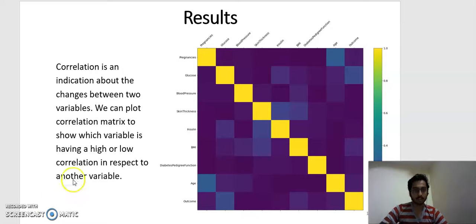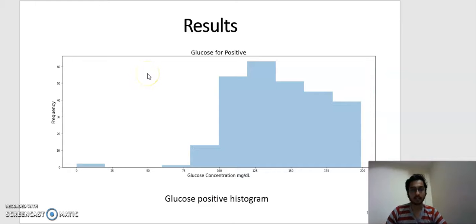Looking into the results, this is called as correlation matrix. It represents the correlation between different parameters that are given. And here are the different results using a histogram.